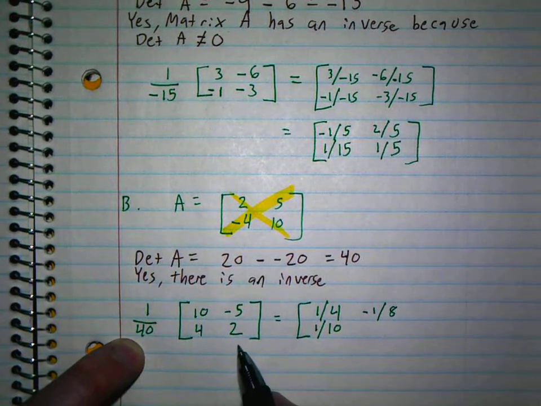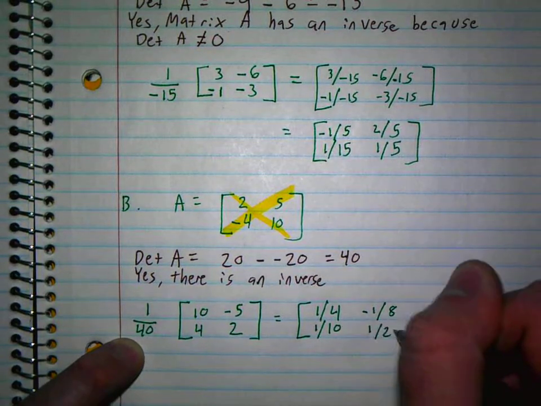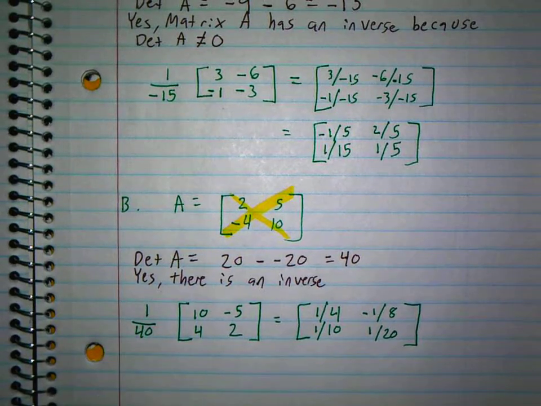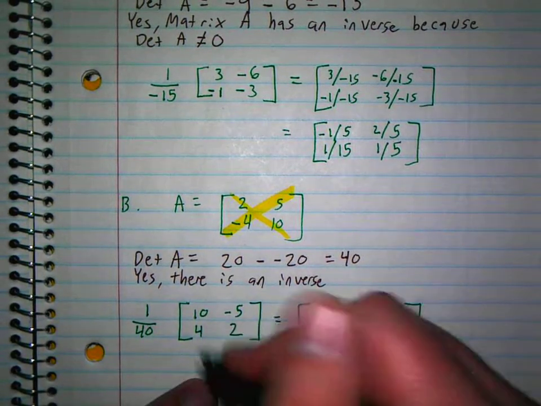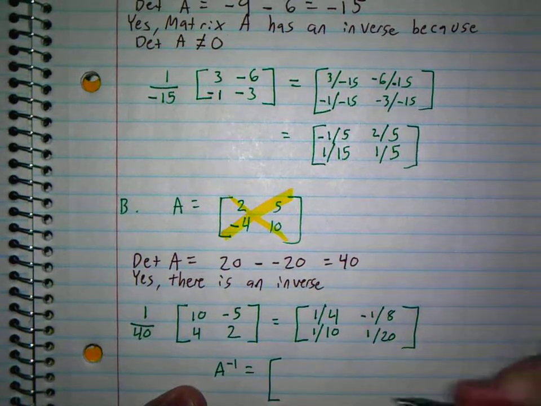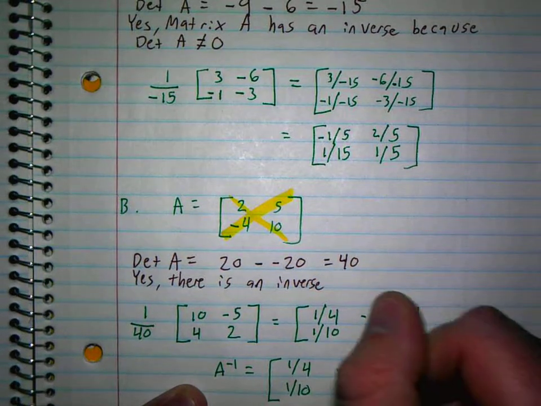And 2 over 40 would be 1 over 20, right? So that is my inverse. My inverse is, so let's go ahead and spell it out this time. A inverse equals 1/4, 1/10, negative 1/8, and 1/20.